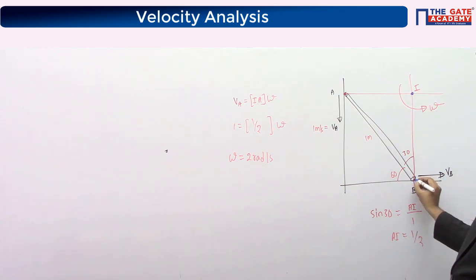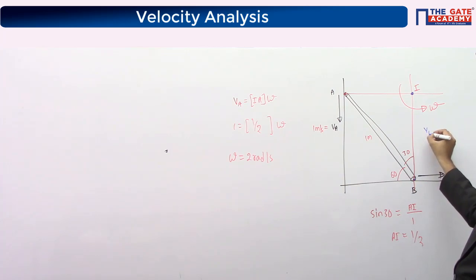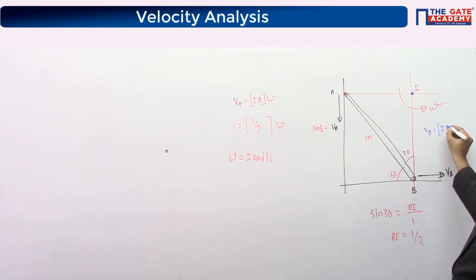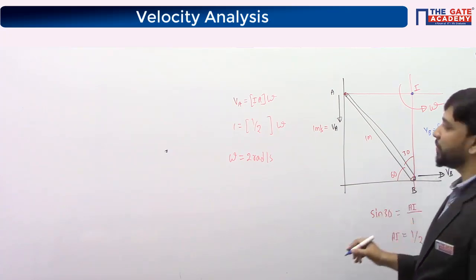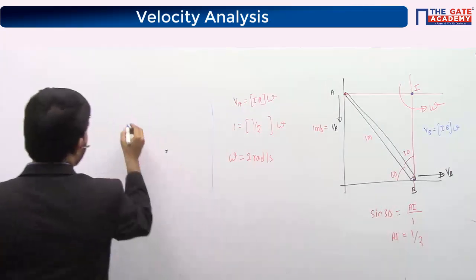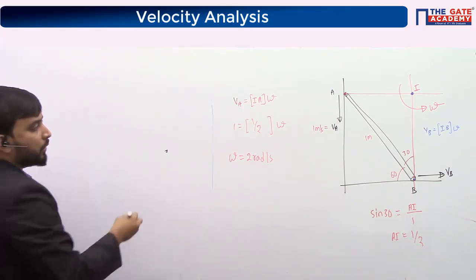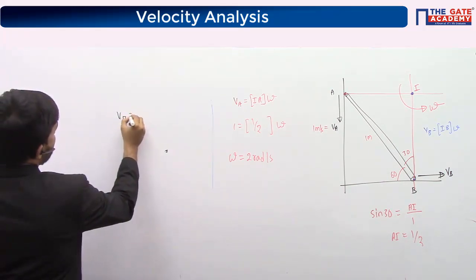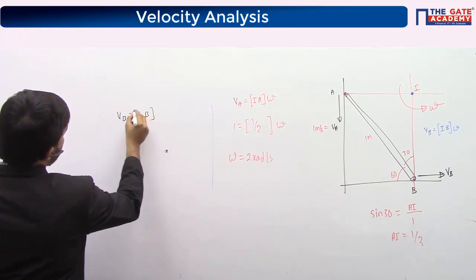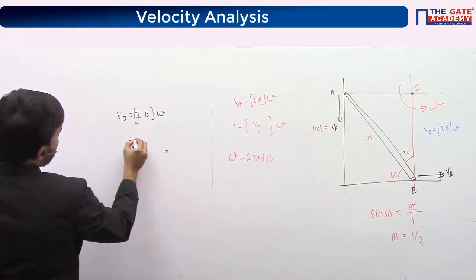If you want to find the velocity of point B, the velocity of point B is r times omega. R is the distance between these 2 points, IB, times omega. So try to find out IB.